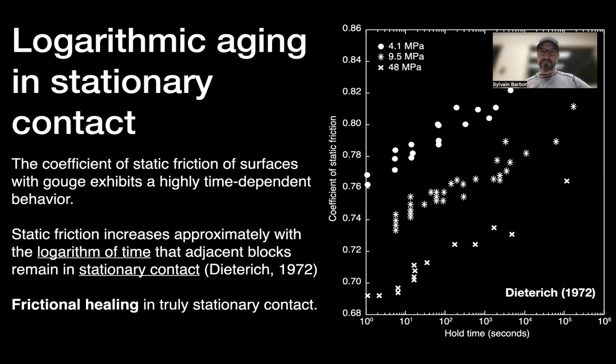That is explained by other famous experiments showing that friction actually recovers at stationary contact, with a linear increase in the static coefficient of friction, static quote unquote, with the logarithm of the time of hold. So there's this logarithmic healing going on that allows the seismic cycle.